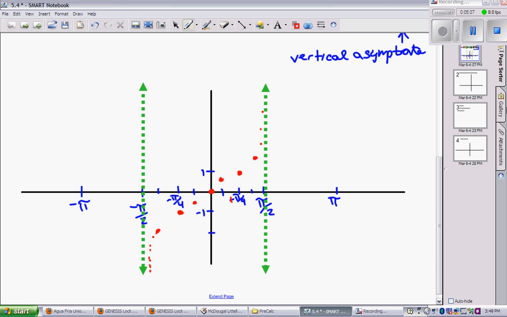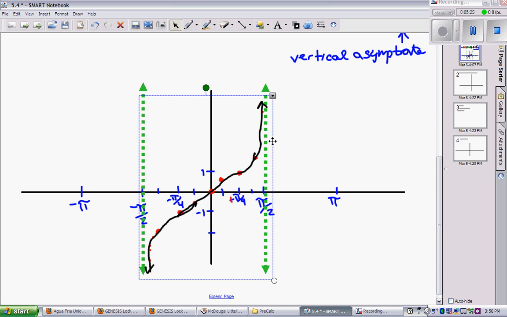So, let's try to connect these to make a decent graph. If you have a graphing calculator, it's going to look much better. This graph is also going to be repeated.